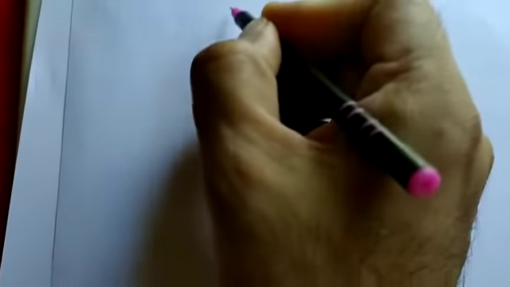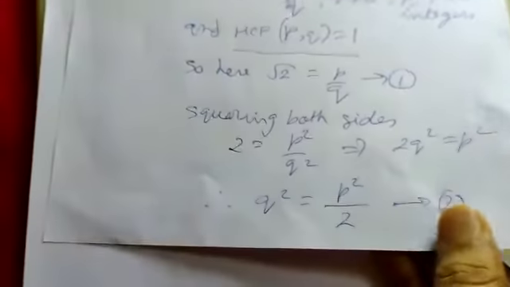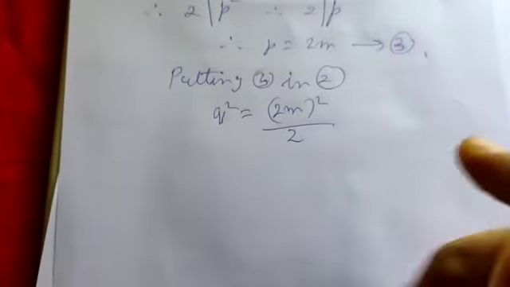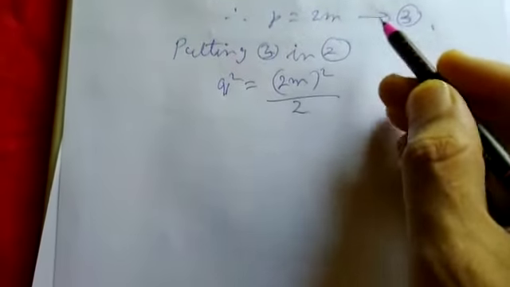Therefore, putting 3 in 2, q square equal to p square by 2. What is p? Our 2m. So 2m whole square by 2. See here again, what is our q square? p square by 2. So I have replaced p with its value, that is 2m.